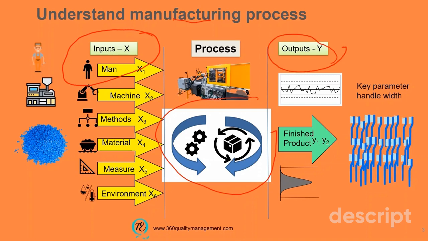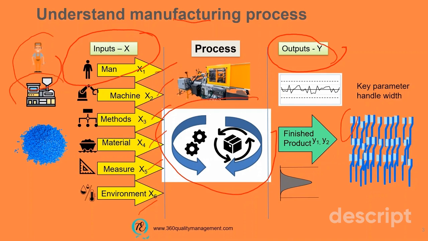A typical manufacturing process has inputs of man, machine, methods, materials, measures, and environment. In this example of a toothbrush, the key process input will be the man that works in a company, or the operators that make the product.